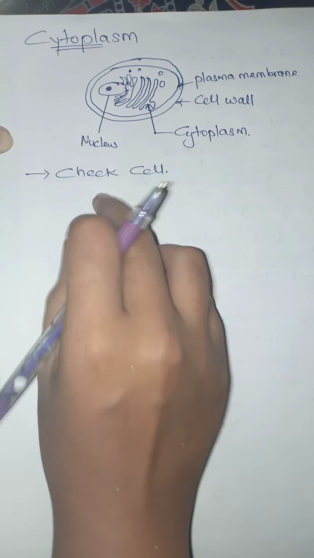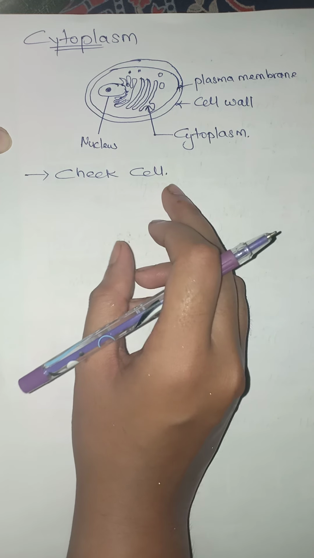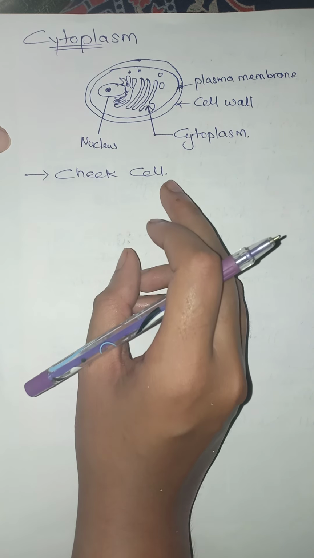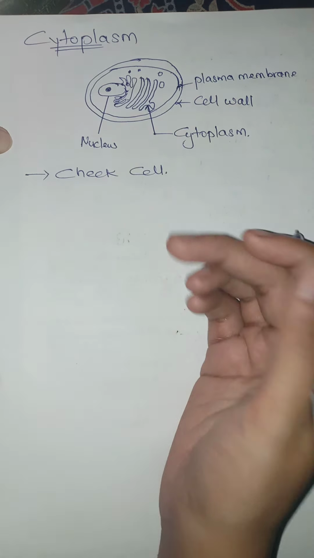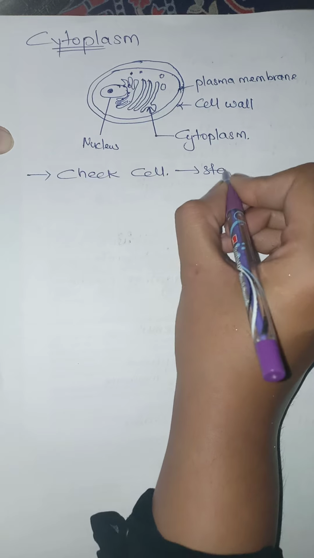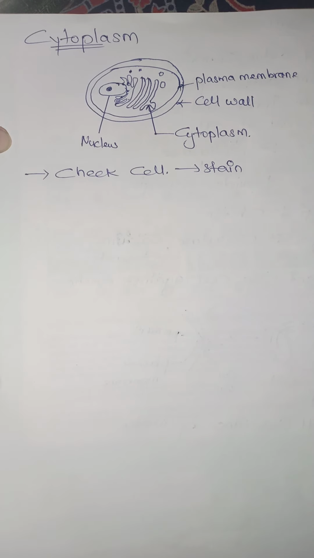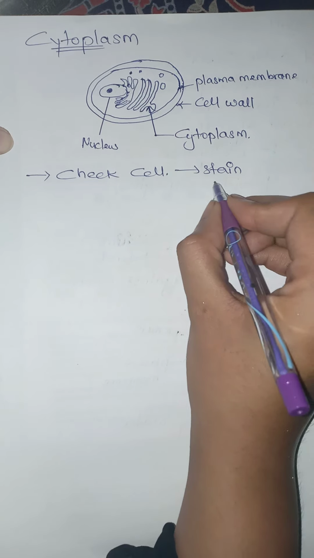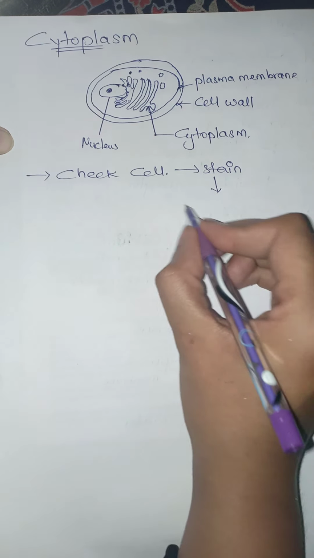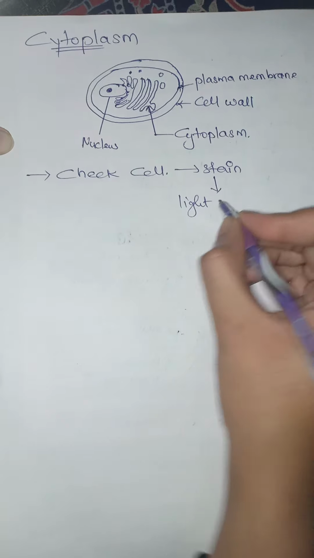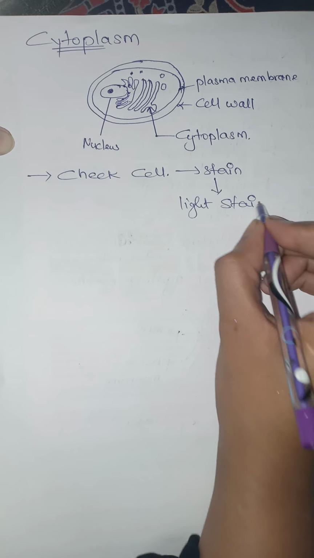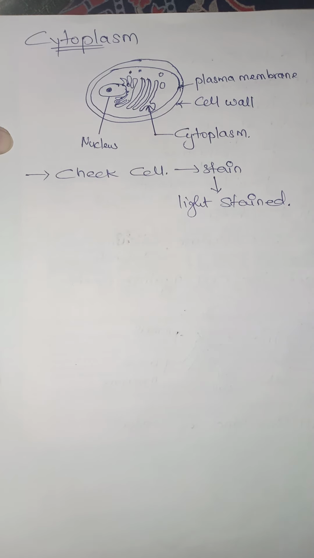We can stain it using any dye, for example methylene blue or safranin, and see it under the microscope. The very lightly stained area which you see is the cytoplasm of the cell.